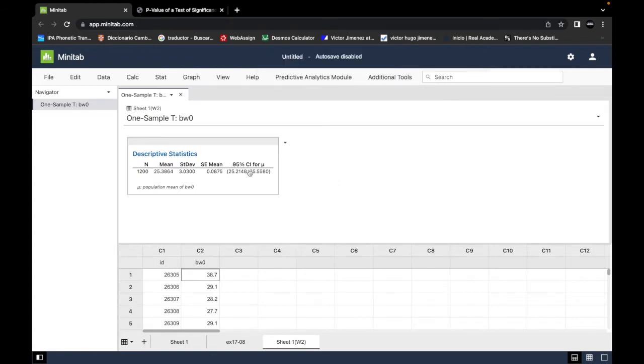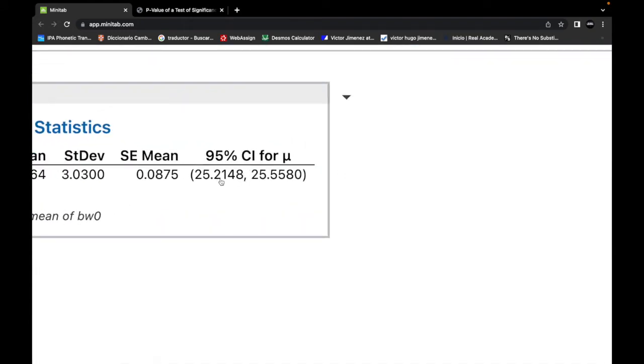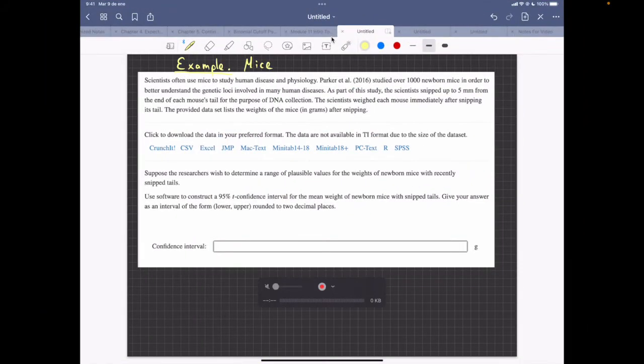And there you have the confidence interval. This is the lower limit and the upper limit: 25.21 and 25.56. So we put 25.21, comma, 25.56.